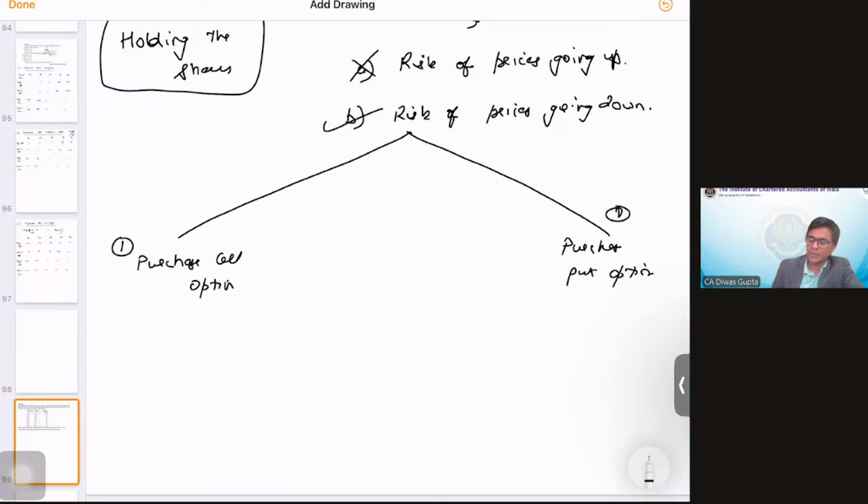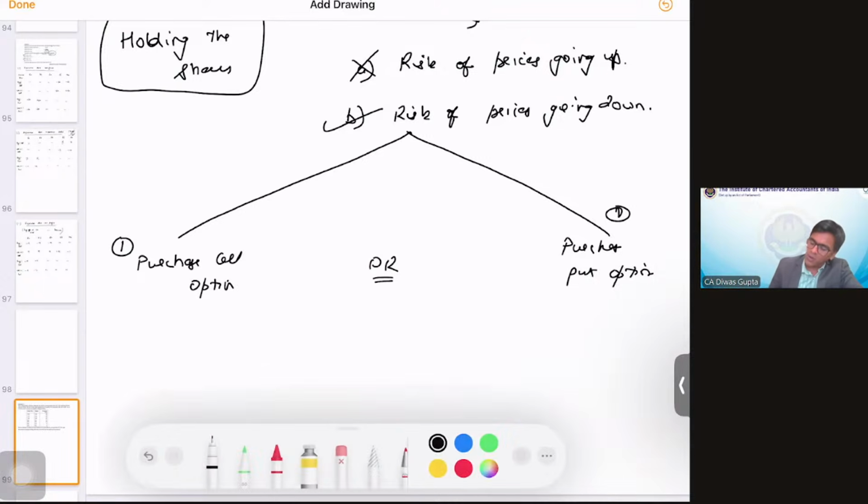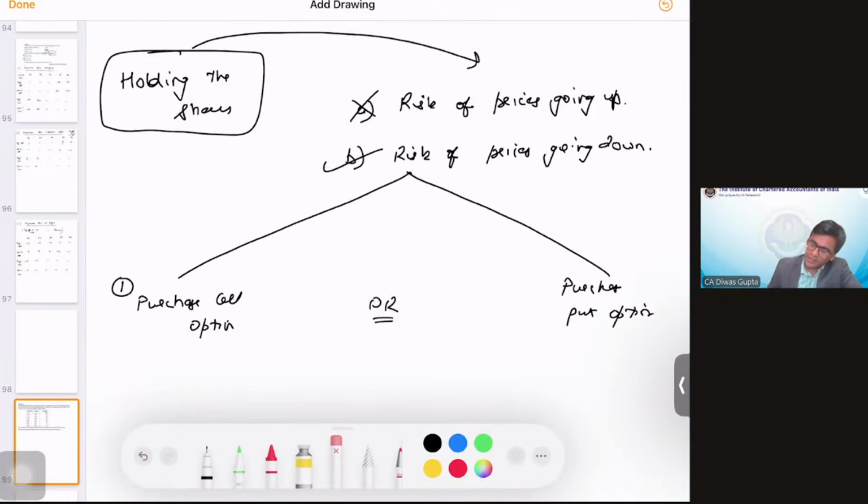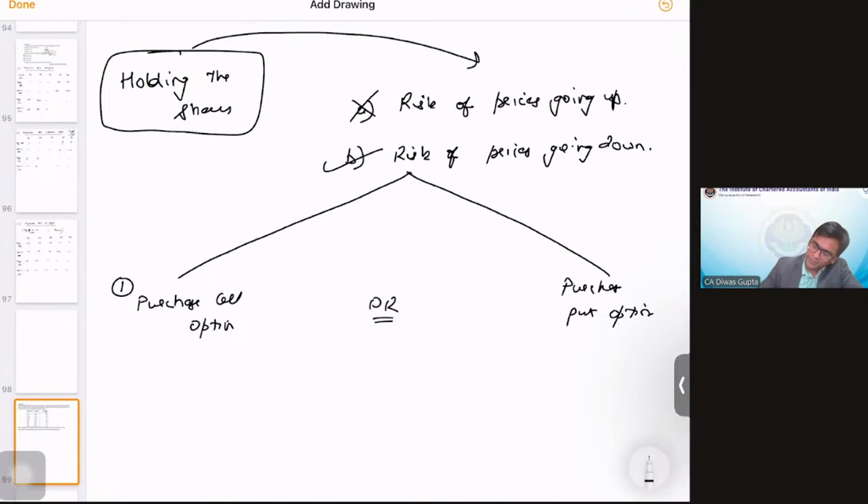Come on, students. Yes, we'll have to take the opposite position, but which thing has to be decided here, right? Which option has to be decided here? Whether we have to take a call option or a put option. Come on, students. First or this one is second. First or second, which one is it? Tell me, students.